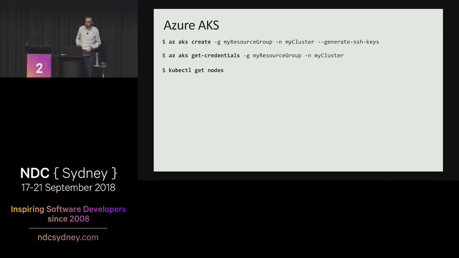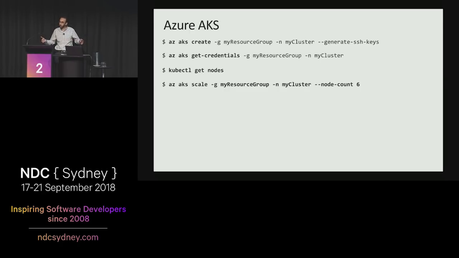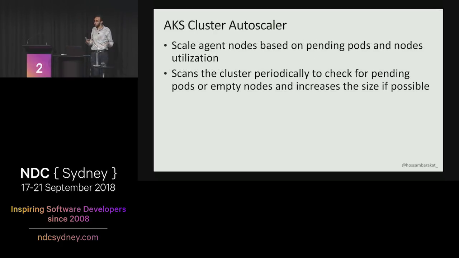And with just a simple command, we can scale the number of worker nodes that we have in the cluster. It's just az aks scale, and this will automatically change the number of workers that we have in the cluster. Even better, with cloud offerings like Azure, we could have something like the Azure Cluster Autoscaler.